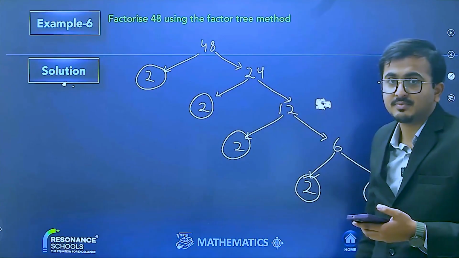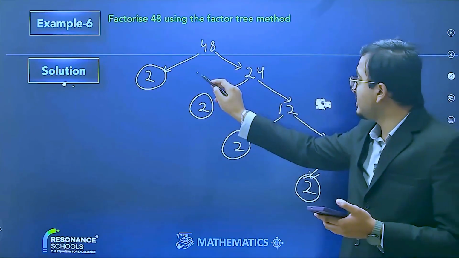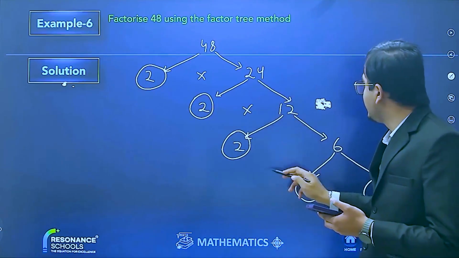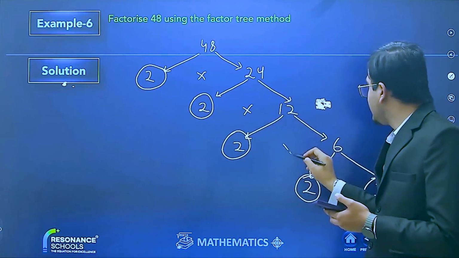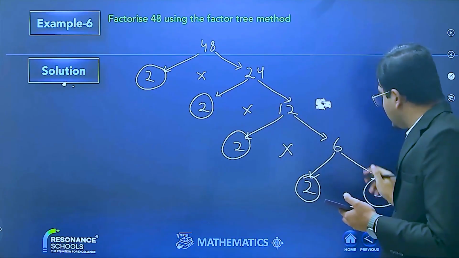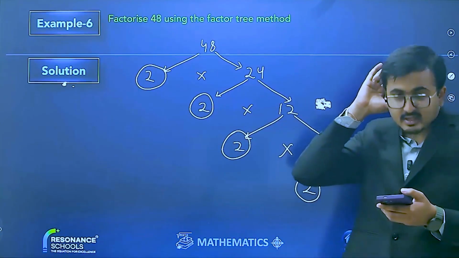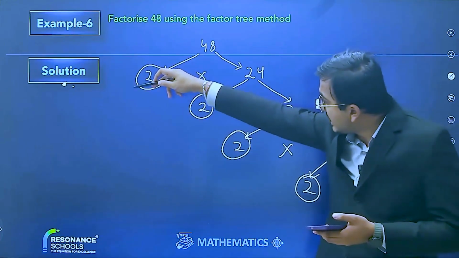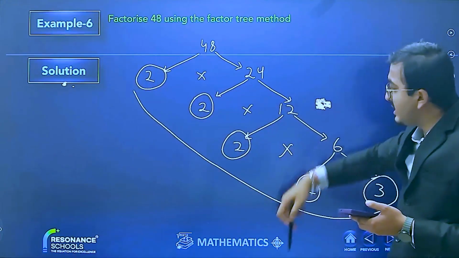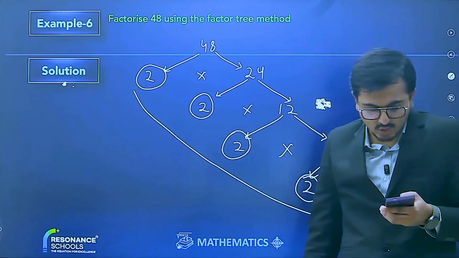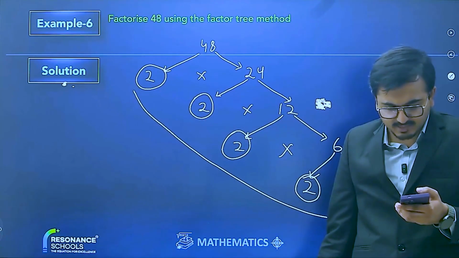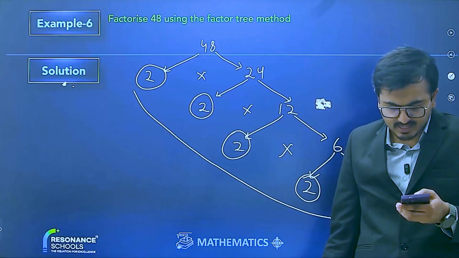You can see 2 into 24, then 2 into 12 will be 24, then 2 into 6 is 12, then 2 into 3 is 6. So it need not be prime factors all the time. At the end, it should all be primes. Correct. Absolutely correct.